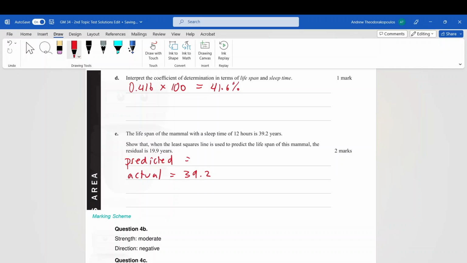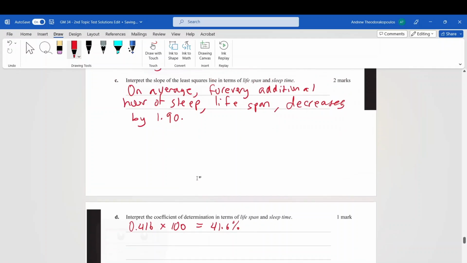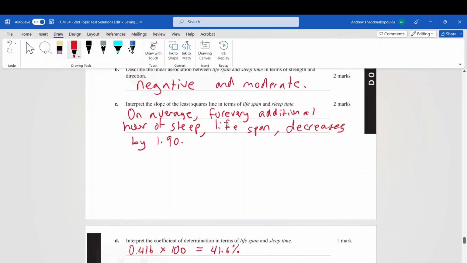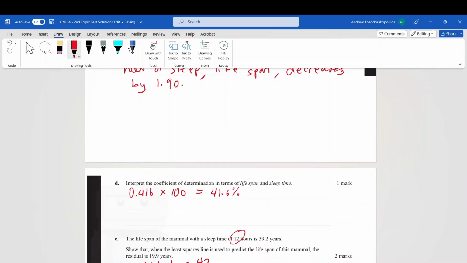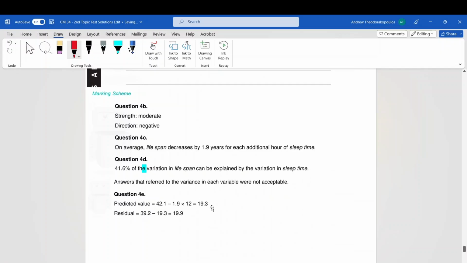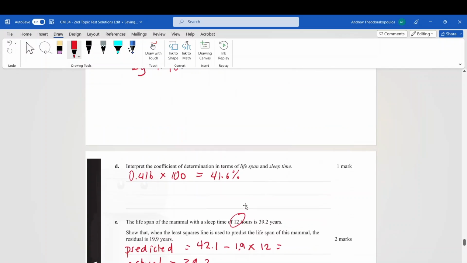For the predicted value, we put 12 hours into our formula: 42.1 take away 1.9 times 12. That should get you an answer of, hopefully it's here, 19.3.